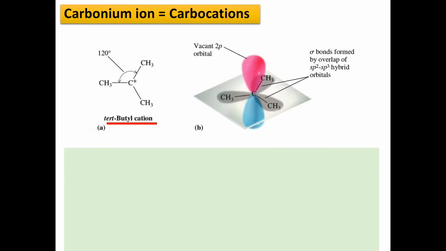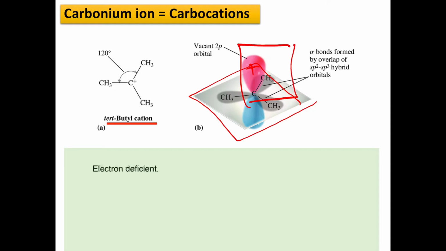Carbonium ion or carbocation is like that. It's empty with no electrons, and the 3 carbons are in the same plane, but that orbital is on the other plane, opposite to the first plane. It's electron deficient and doesn't obey the octet rule.